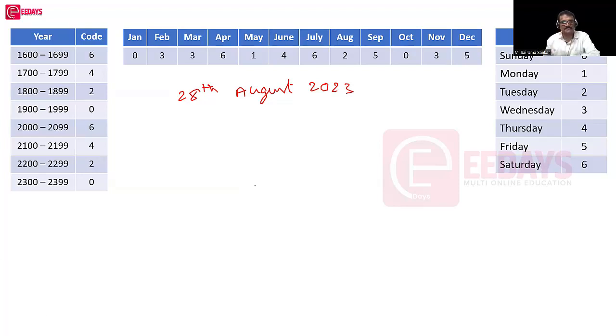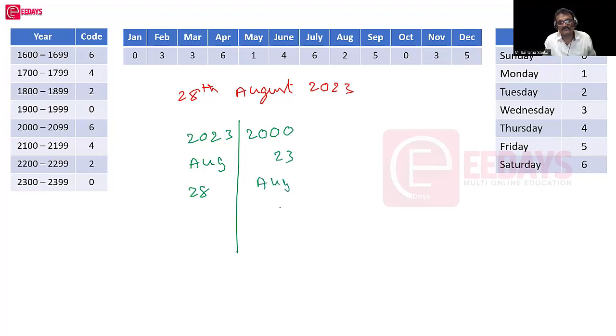See, first, you split this entire date. Here 2023. Next, August. Next, 28th. This is the first case. This can be written in the form of 2000, next 23, next August, and 28th. Okay, 28th August 2023. First you write down 2000, next 23, next August, next 28.